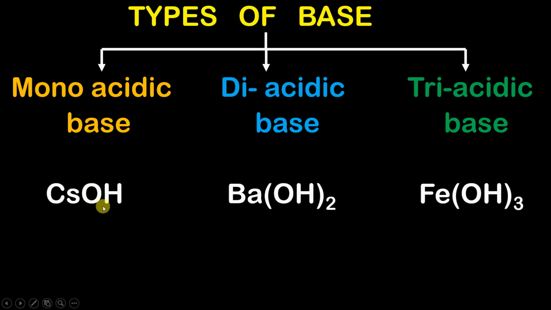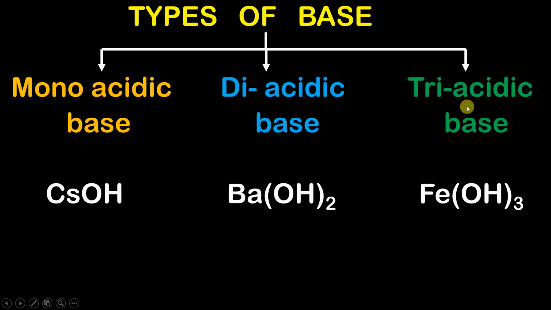So when your cesium hydroxide is added in water, it is going to get dissociated and will give us one OH minus ion. Similarly, a diacidic base is nothing but a base which gives us 2 OH minus ions after dissociation, like your barium hydroxide. So when your barium hydroxide is added to water, it is going to give us 2 OH minus ions.